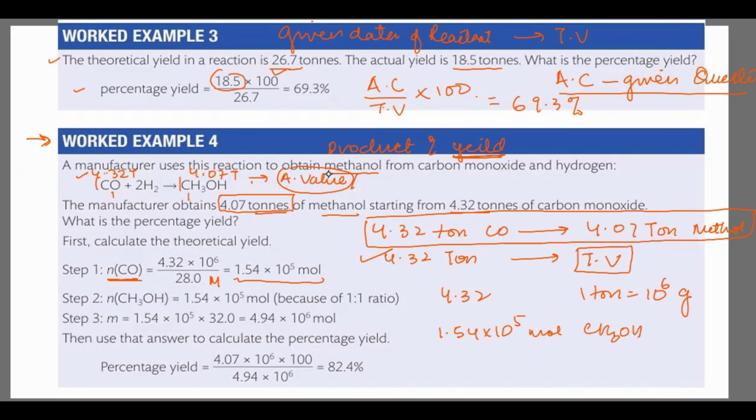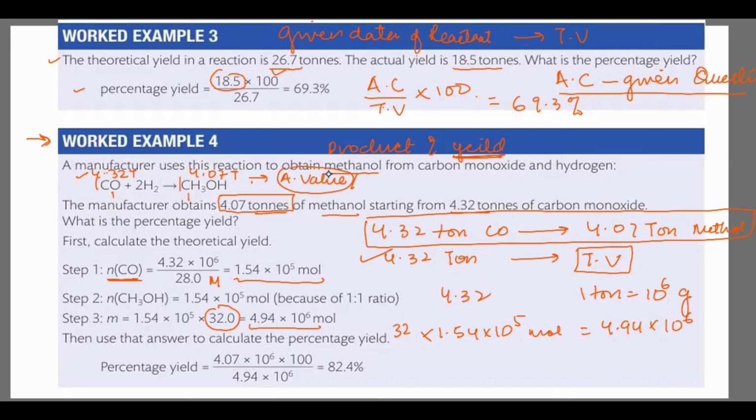Now, in order to find the mass, we will multiply this by the Mr. The Mr for methanol given in the question is 32. When they multiply by 32, they get the mass as 4.94 times 10 to the power 6.